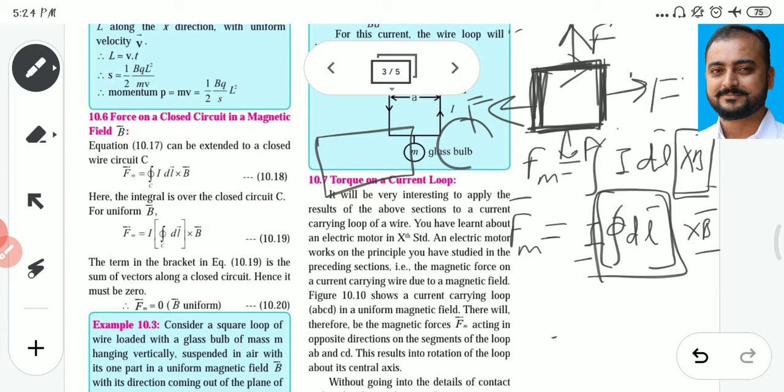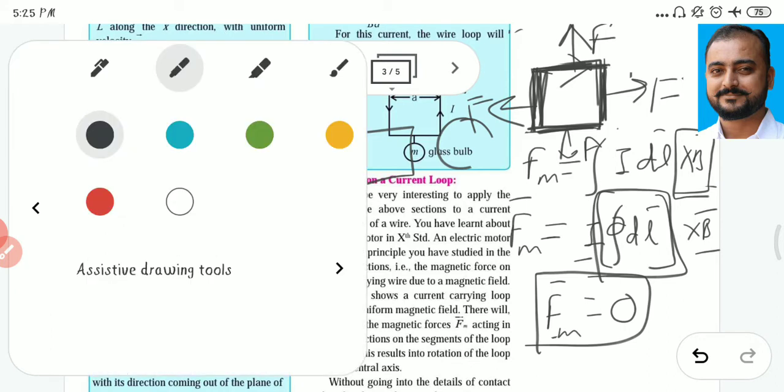In this manner, the total force acting on a wire in a uniform magnetic field in a closed circuit path is zero. That's a simple relation. Understood? This is the force on a closed circuit in a magnetic field B.